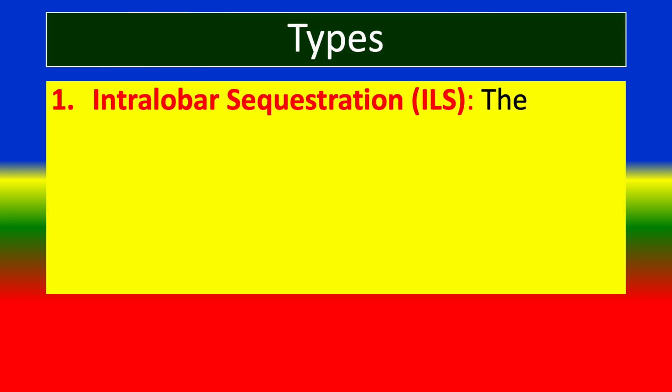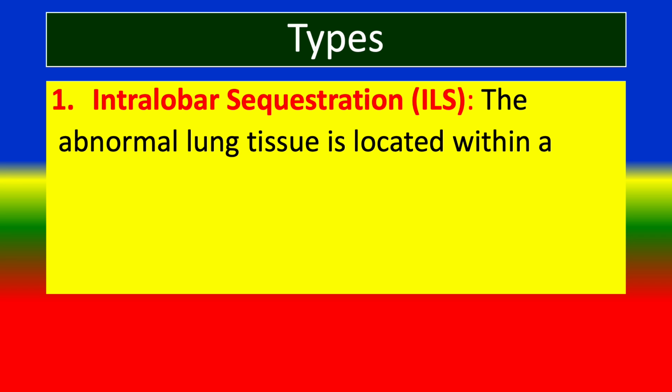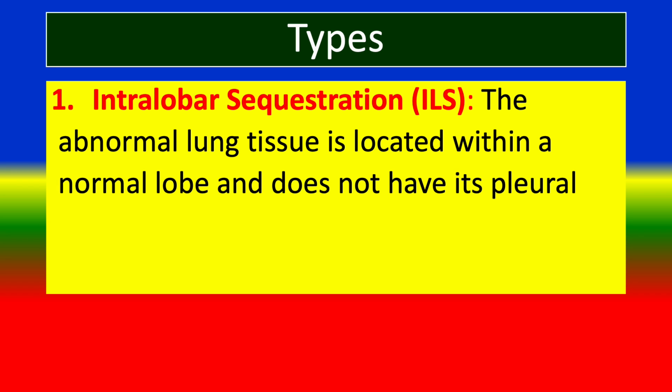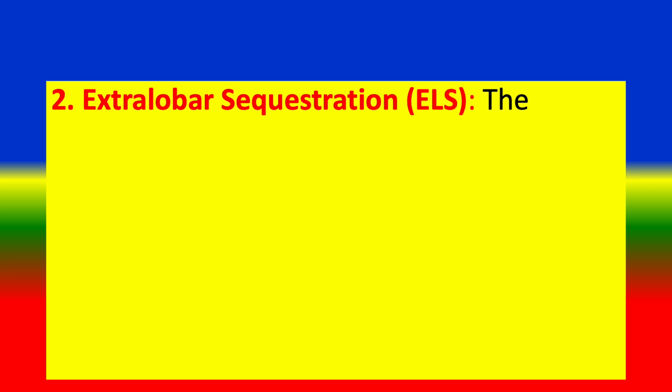Types. 1. Intralobar sequestration, ILS. The abnormal lung tissue is located within a normal lobe and does not have its own pleural covering. 2.